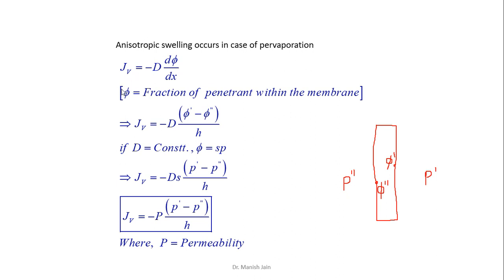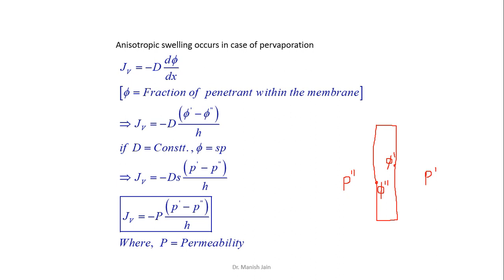The units of JV are mass per meter square second or moles per meter square second, based on the unit of phi. If phi is in moles, then it will be moles per meter square second. If phi is in mass, then it will be mass per meter square second. And D is the diffusivity. The unit of diffusivity is meter square per second, and x is the distance or the thickness. It depends upon the thickness of the membrane.